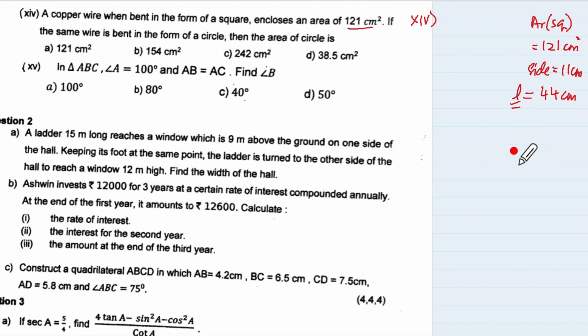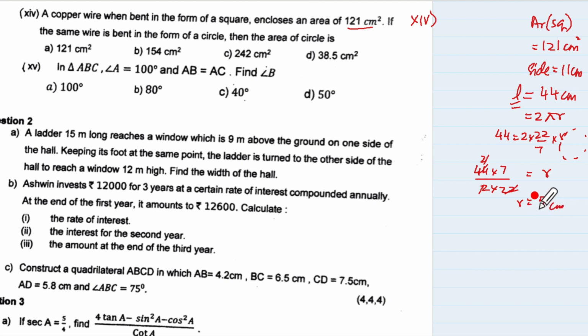That is the length of the copper wire. If it is bent to form a circle, then this 44 will become 2 pi r, which is the circumference for the circle, correct? And so we are going to write 44 equal to 2 into 22 upon 7 into r. So r will be equal to 44 into 7 upon 2 into 22. See here, easy.